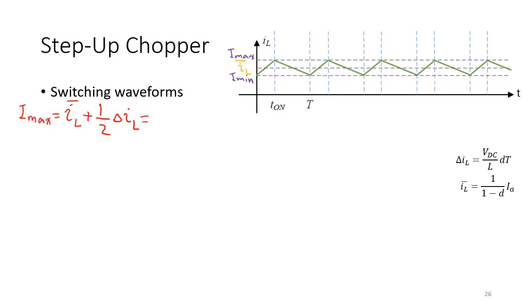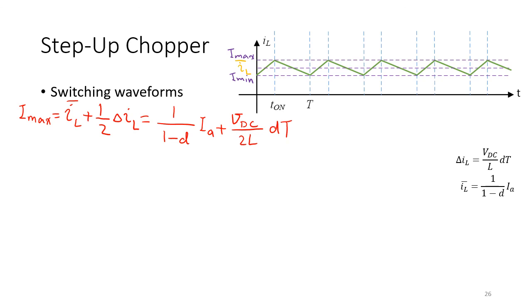So it will be equal to 1 over 1 minus D times IA plus VDC over 2L times DT.